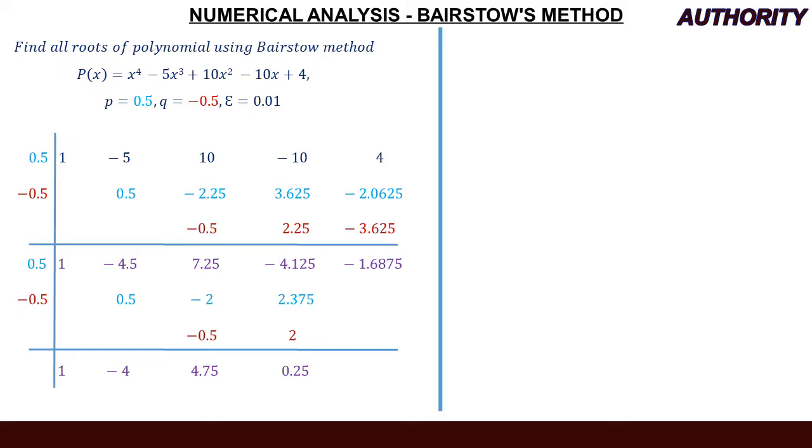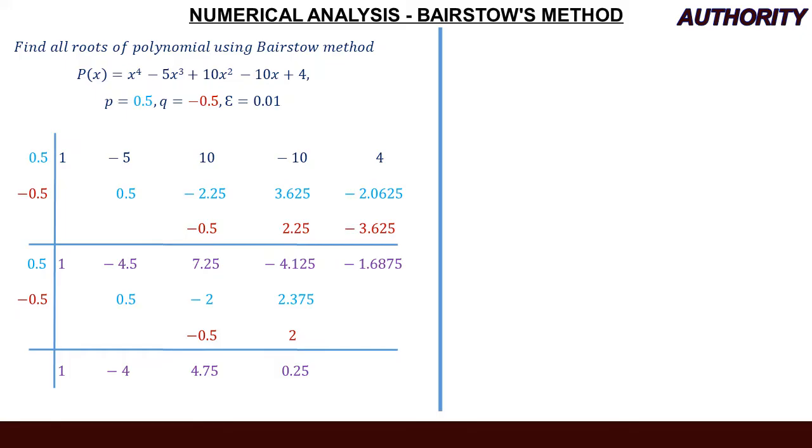And then we step backward to 7.25 multiplied by q, which is going to give us minus 3.625. We add up again, that is 4 plus minus 2.0625 plus minus 3.625. When we add up, it's going to give us minus 1.6875. Are we together? Yes.